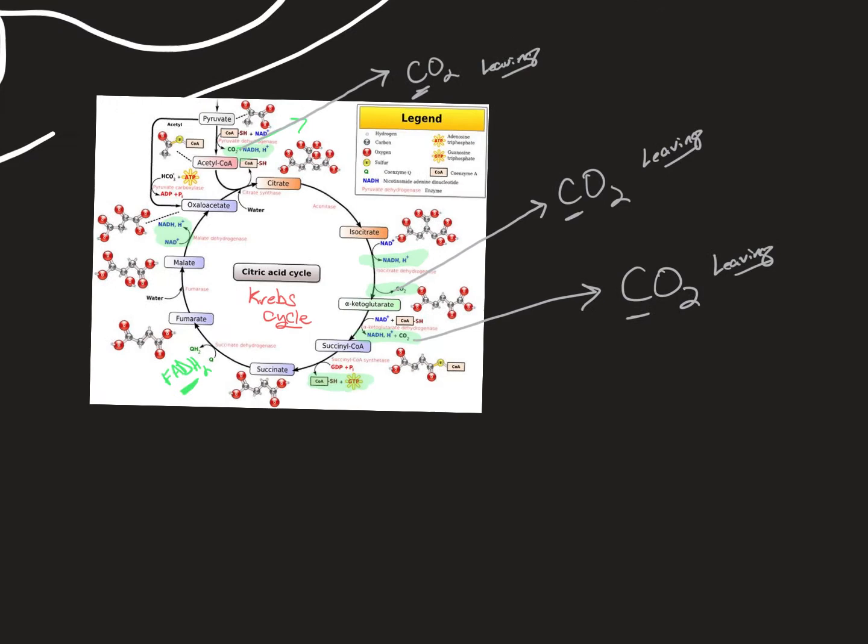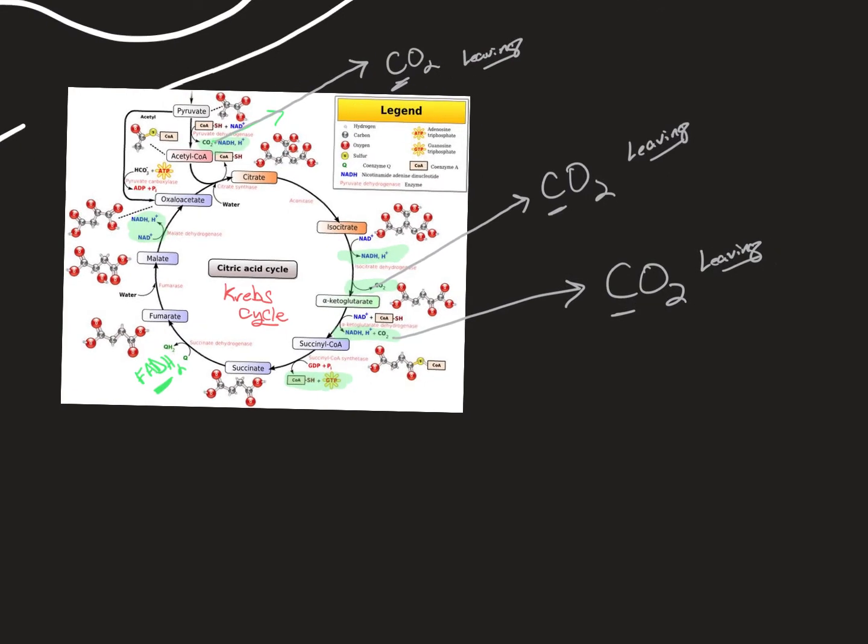All right. So then the next thing to consider is how many NADHs are you making? You're making 1 here, a second one here, a third one over here, and a 4th one here.